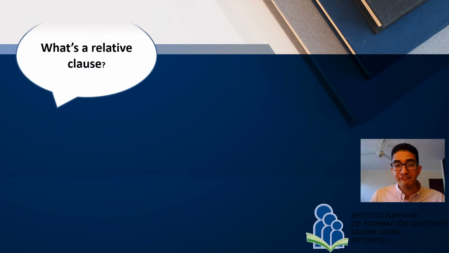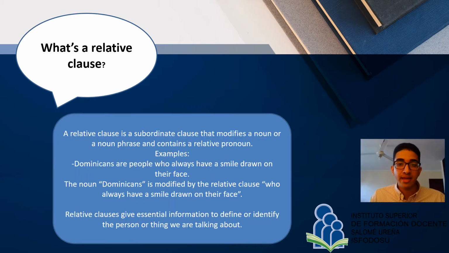Continue, guys. First, we need to know what a relative clause is. Well, here you have the answer to that question. A relative clause is a subordinate clause that modifies a noun or a noun phrase and contains a relative pronoun. Dominicans are people who always have a smile drawn on their face. That's the example, right? So the noun Dominicans is modified by the relative clause who always have a smile drawn on their face.